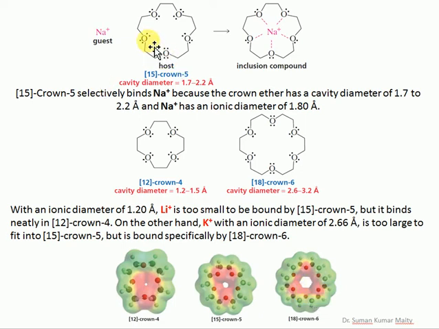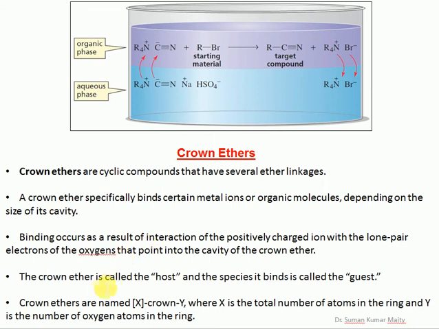So these oxygen lone pairs which are pointing towards the center of the circle can coordinate with metal ions and also some other positively charged ions. Clear? This way the crown ether can act as a host, and the species which is binding with it is called the guest.